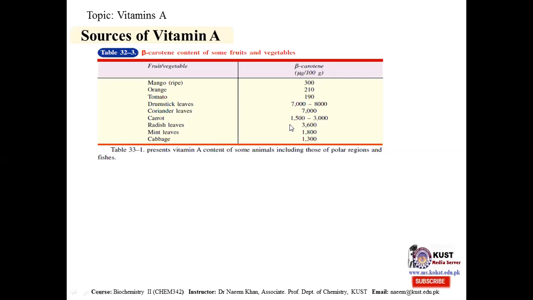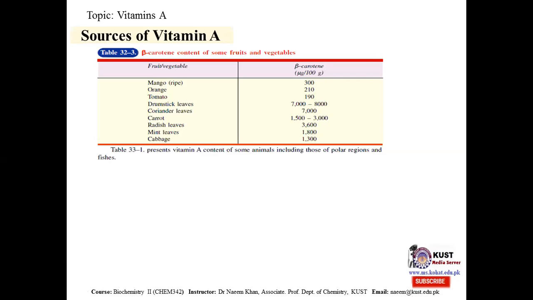Similarly, carrot has a very high concentration, 1,500 to 3,000 microgram per 100 gram. Radish leaves have 3,600, mint leaves 1,800, and cabbage 1,300 microgram per 100 gram.